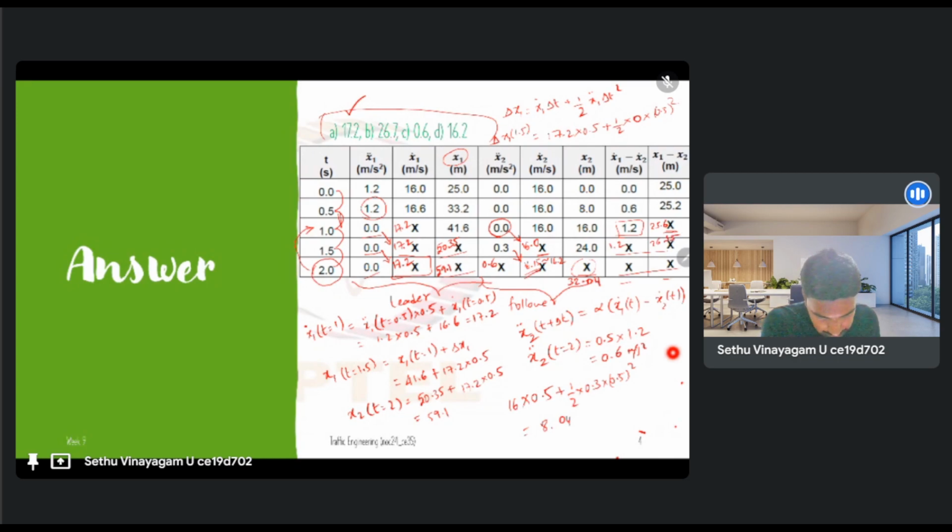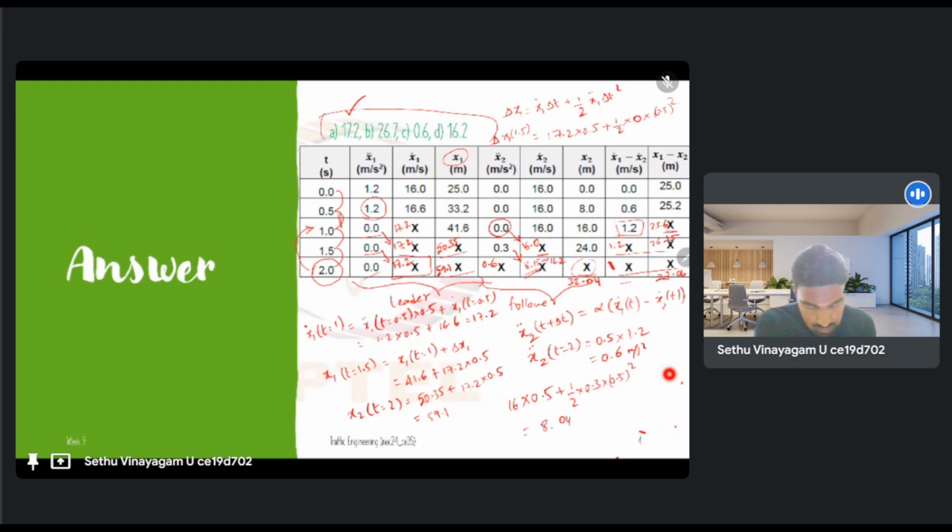For the last time step, the relative speed is 16.2 and 17.2, so it is 1 meter per second. The difference in the position will be 59.1 minus 32, that is 27.06. Okay, so we got all the values.